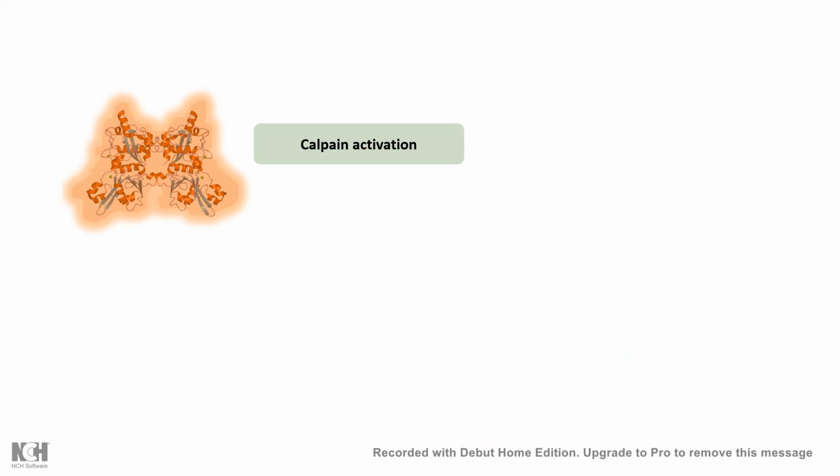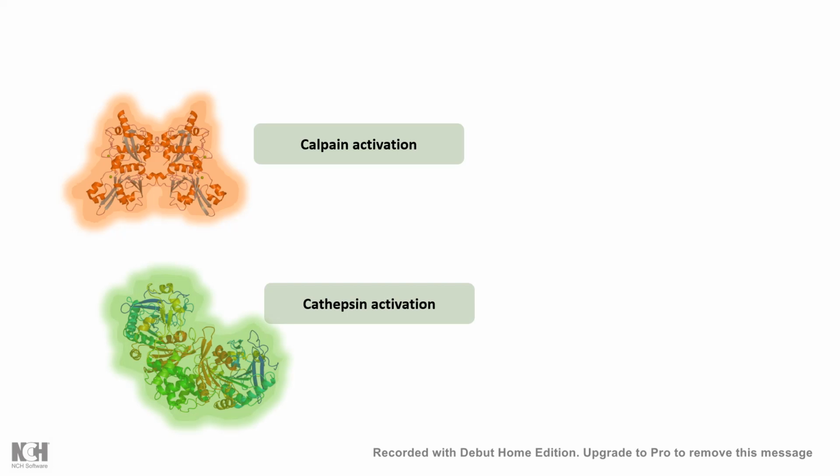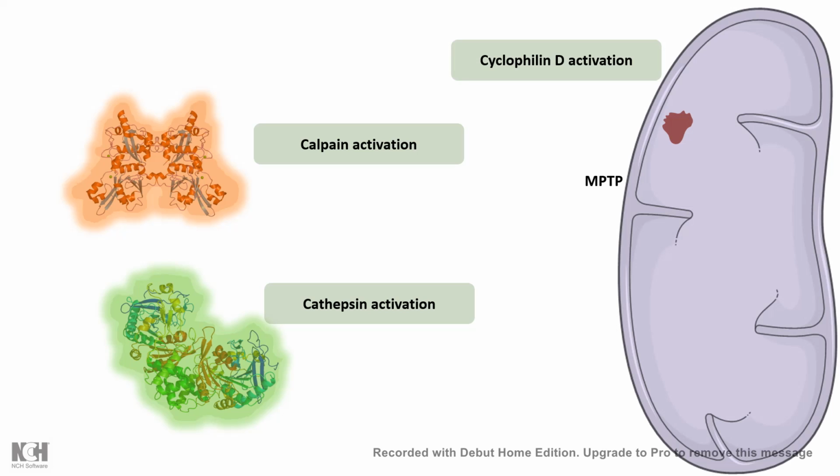Now, we can talk about other features of necrosis. One of the most pronounced features is the protease activation. These proteases are other than caspases. These are calpain and cathepsin, which are also potent proteases and can cause damage to the cell. Other than that, there is another molecule called cyclophilin D, which is getting activated in case of necrosis.